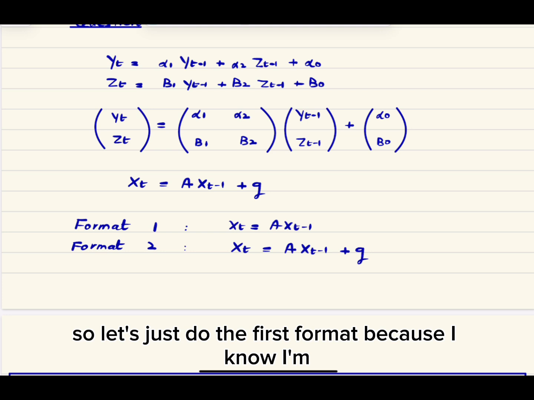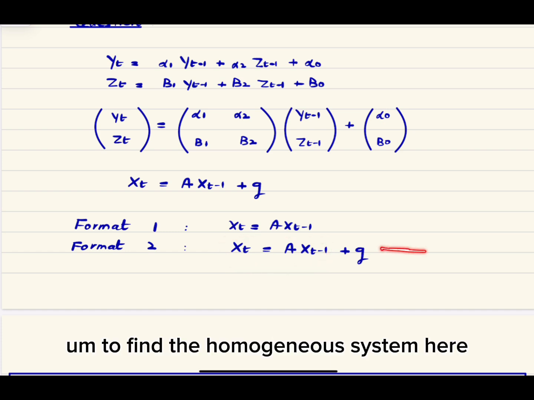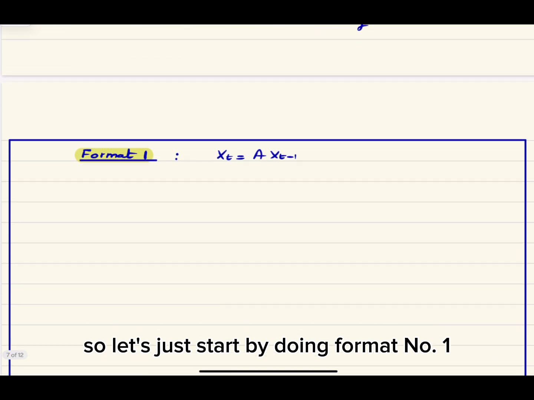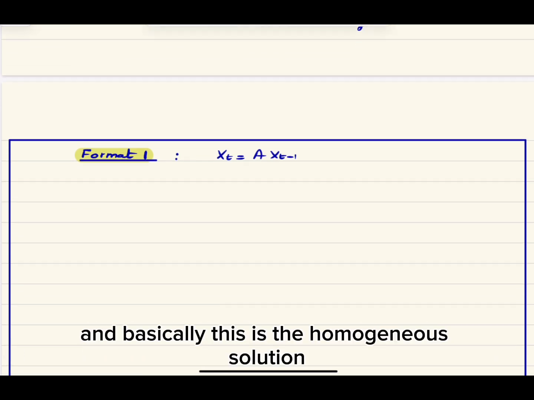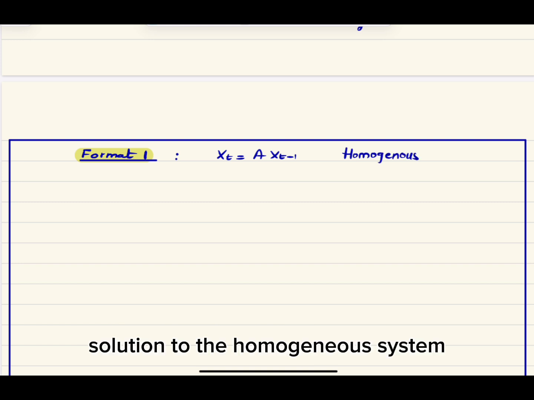So let's just do the first format, because I know I'm going to have to solve it again to find the homogeneous system here. So let's start with format number 1, and basically this is the solution to the homogeneous system.